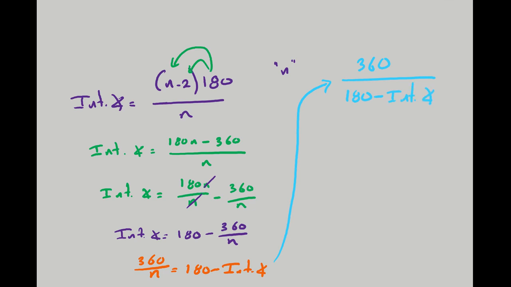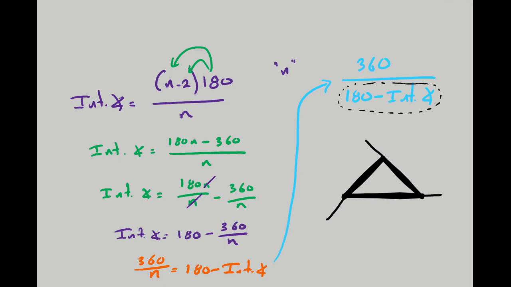But notice that this 180 minus my interior angle is simply what I had just calculated with my triangle. If I want to find this exterior angle knowing that my interior angle is 60 degrees, I simply do 180 minus my interior angle, which in this case is 60, and I get my exterior angle, which would be 120.